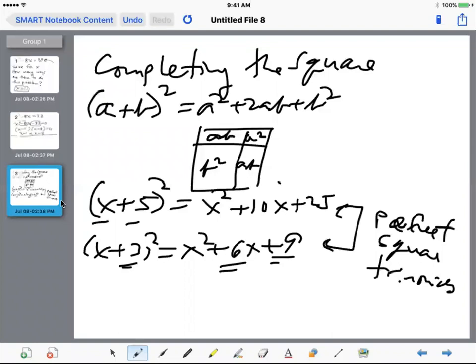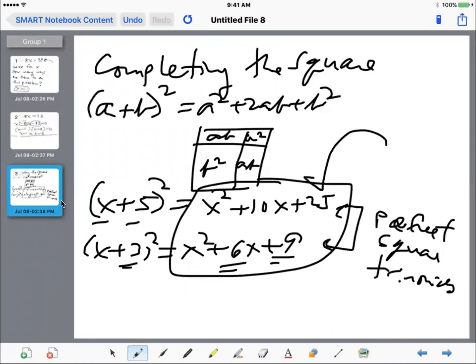The way to recognize a perfect square trinomial is that the constant, in this case the plus 25, is equal to the square of half the coefficient of the x. So if you ever notice that, it's a perfect square trinomial.